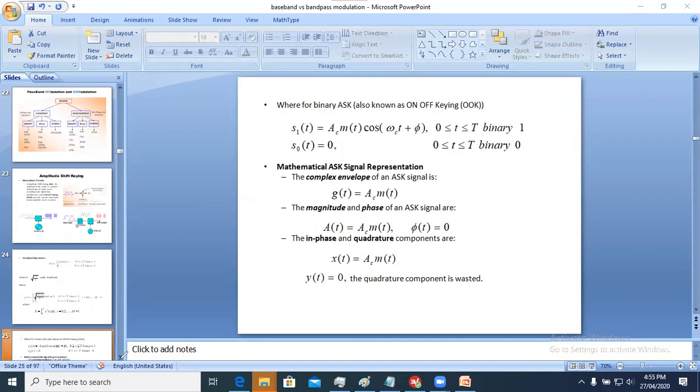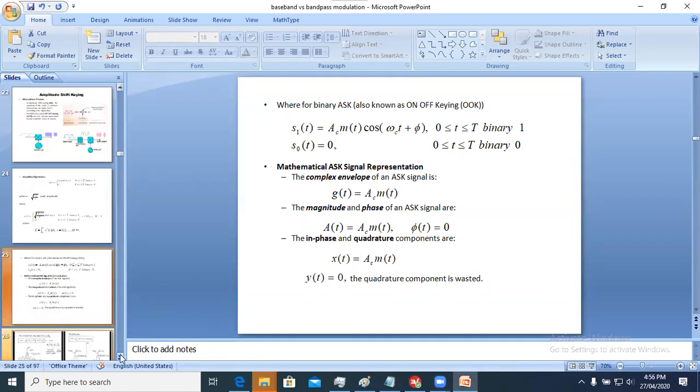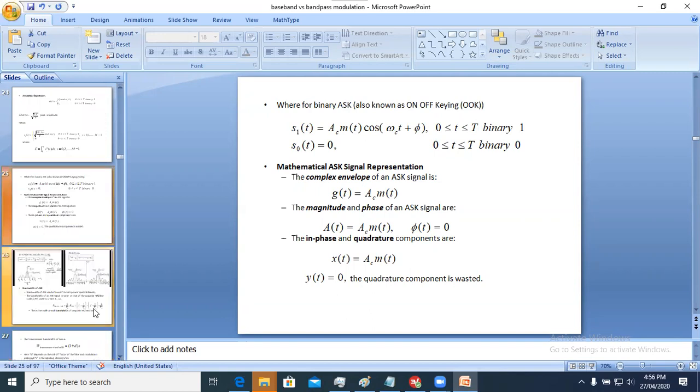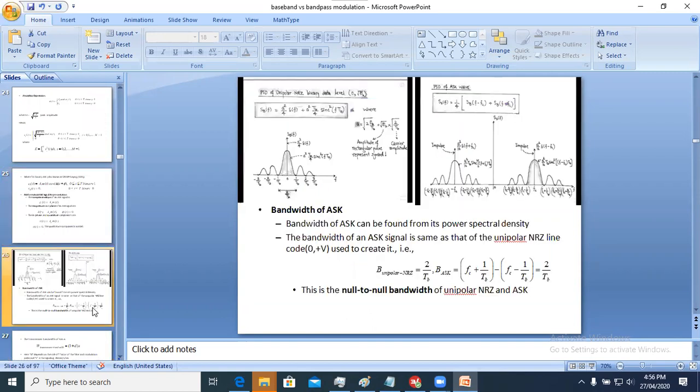So we proceed with this concept, and I want to show you the bandwidth of the ASK. Actually, we are using unipolar NRZ line codes in which we have the zero and positive voltage level, and the bandwidth of this unipolar NRZ is 2 by TB.